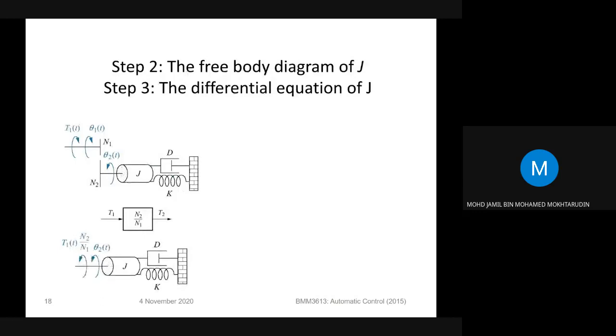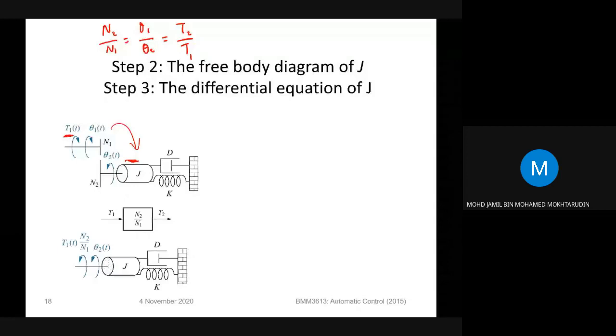First you need to transfer the torque and theta 1 onto the other side. To transfer T1 to this section, you use the formula that we learned just now: N2 over N1 equals theta 1 over theta 2 equals T2 over T1.